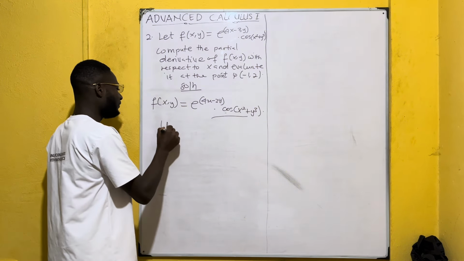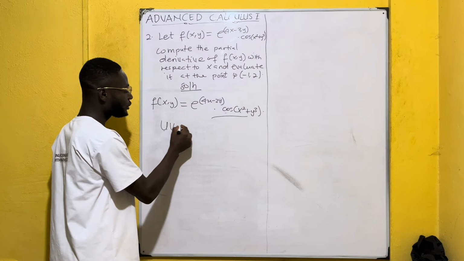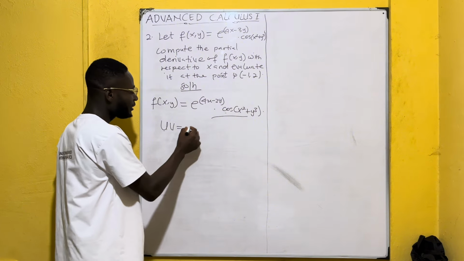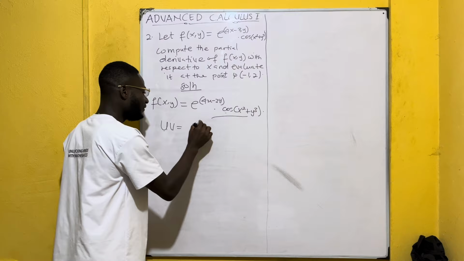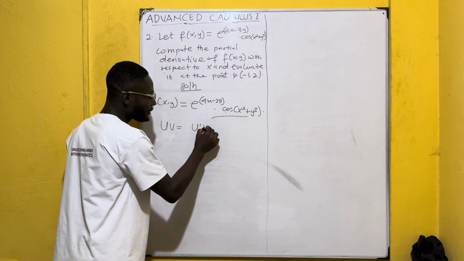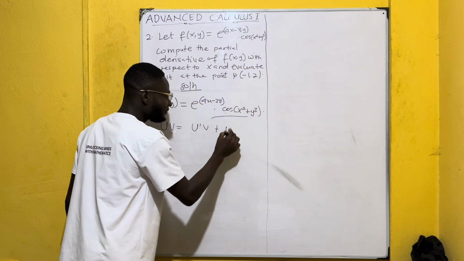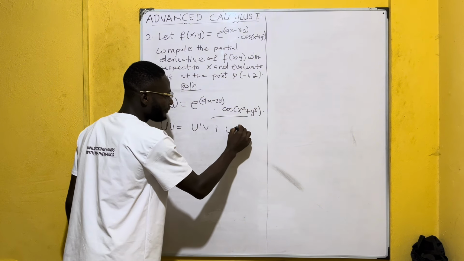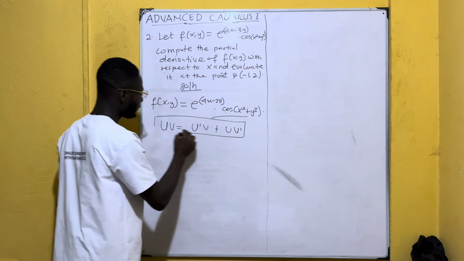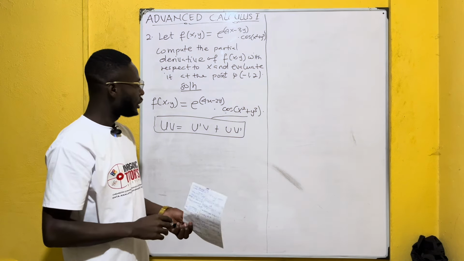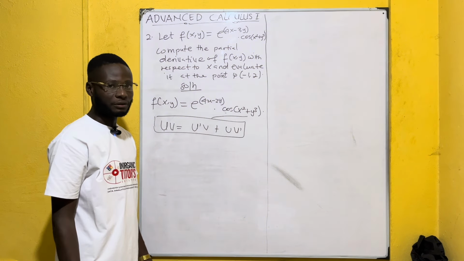So if you have uv, that is two functions multiplying, and you want to differentiate, then the first thing you do is differentiate the first function, maintain the second function, plus maintain the first function, then differentiate the second function as well. So this is the condition. If you know this condition, then you are done with this particular problem.